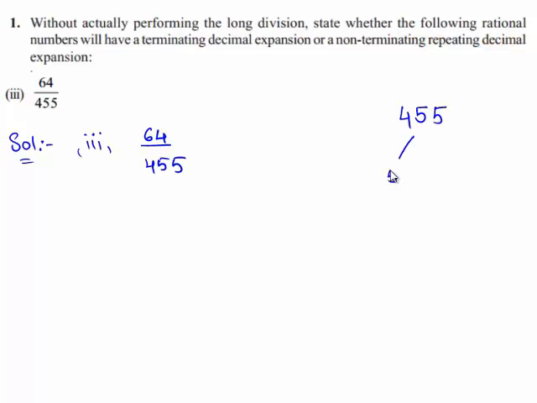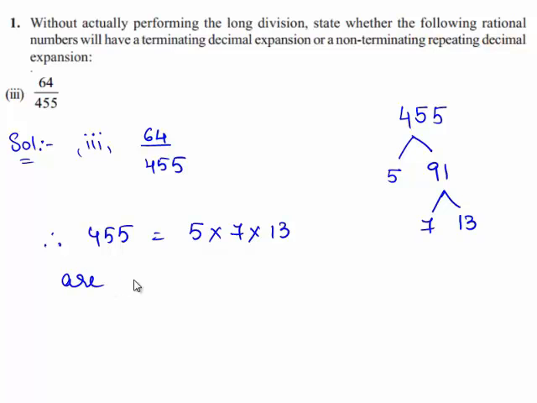455 can be written as 5 times 91 and 91 can be written as 7 times 13. Therefore, 455 can be expressed as 5 times 7 times 13. Therefore, the factors of 455 are not of the form 2 power m times 5 power n, where m and n are natural numbers.